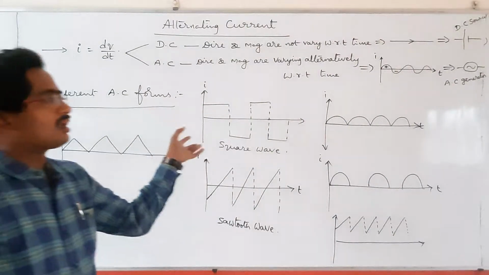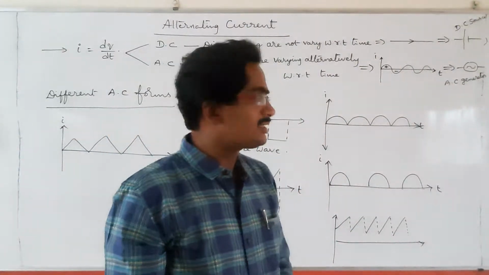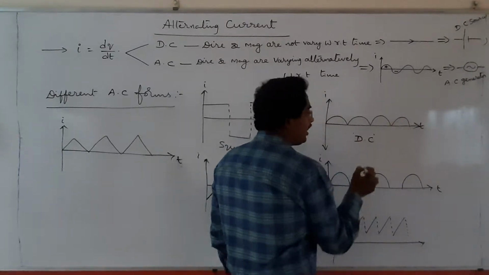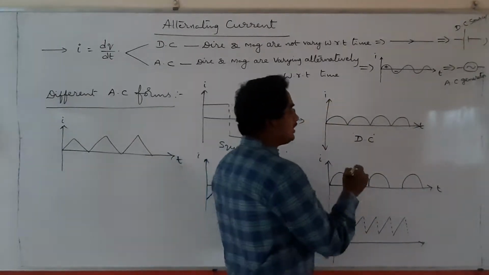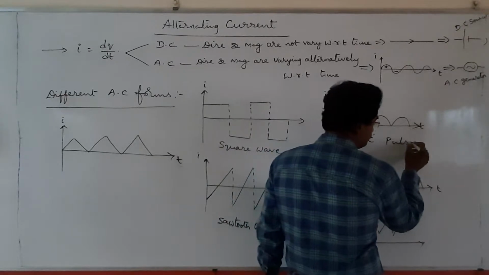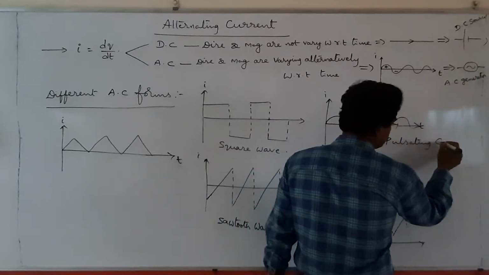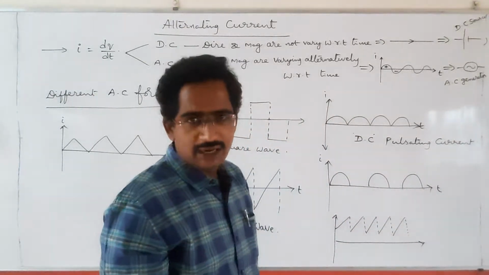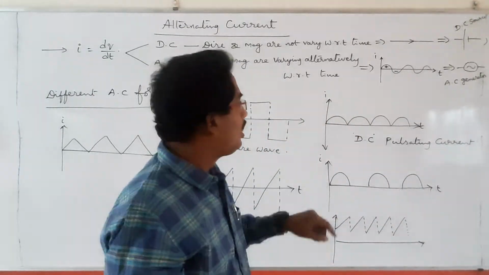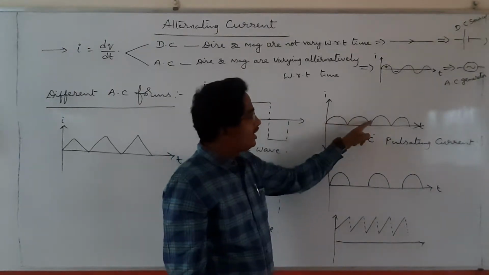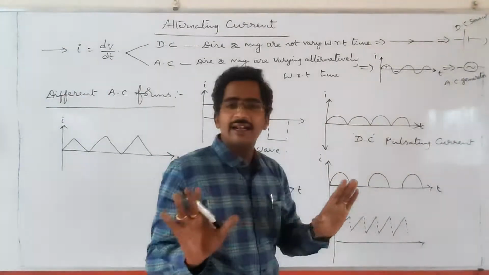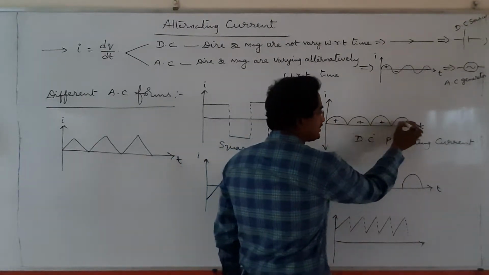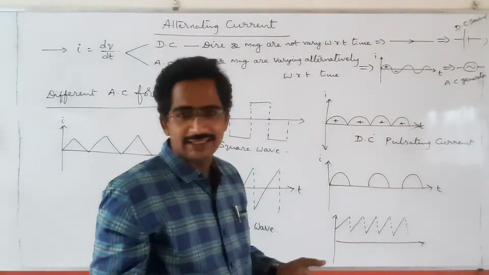These are all called alternating current, but one kind is actually called DC pulsating current. Normally it is not AC. Here the magnitude of the current is varying, not the direction. The direction is only positive here. All are positive cycles, there are no negative cycles.